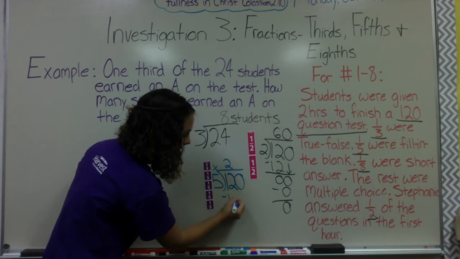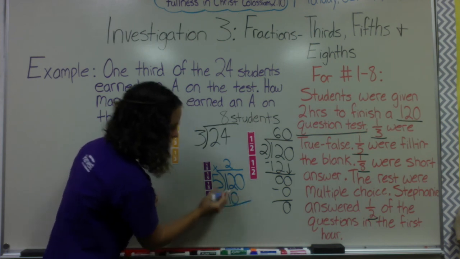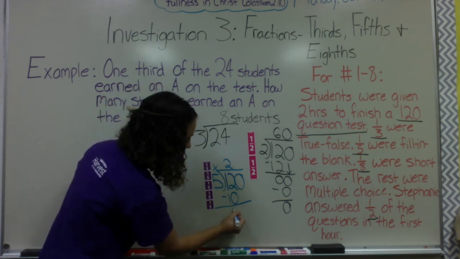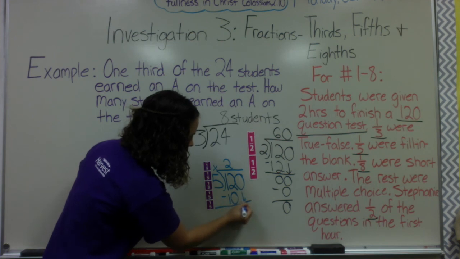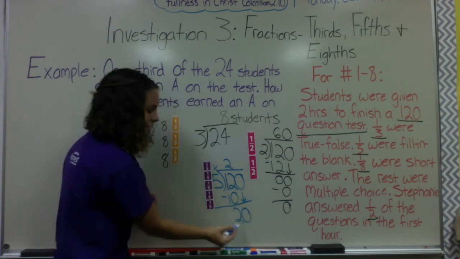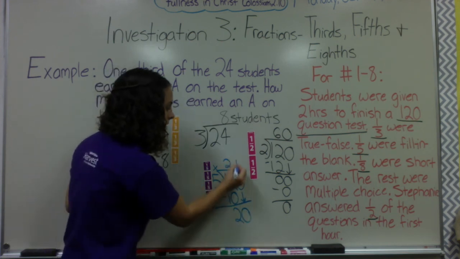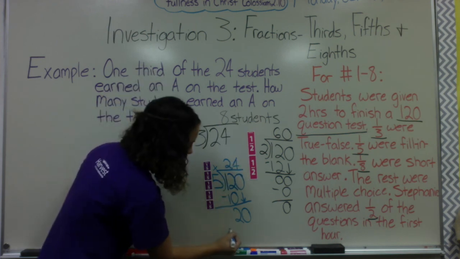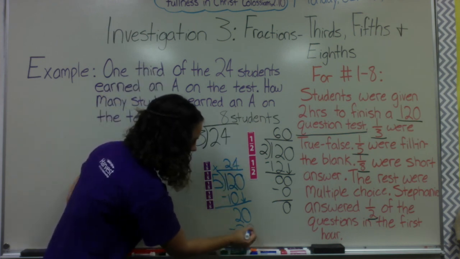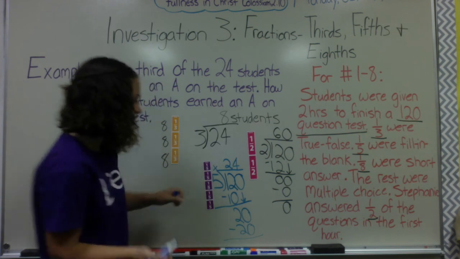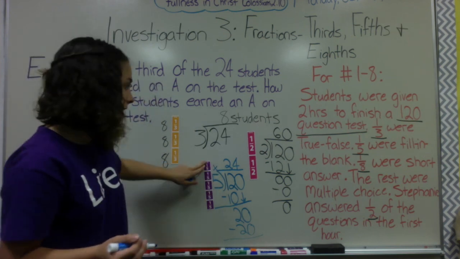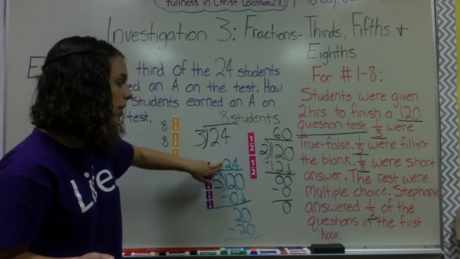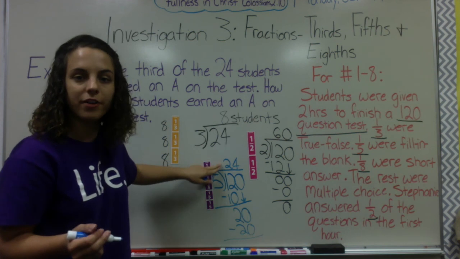So that's what I'm going to subtract. 12 minus 10 is 2, and then I bring down the 0. How many times can 5 go into 20? It can go in 4 times because 4 times 5 is 20. That's what I subtract. So 1/5 were fill in the blank. There were 24 questions that were fill in the blank.